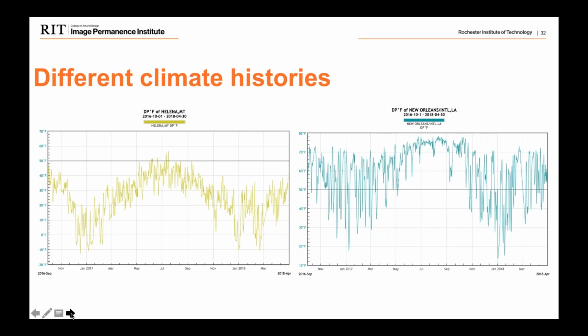In Montana, they may never have experienced that. And so when they go to expand, they could very easily crack to take on that additional moisture. Whereas in Louisiana, they probably have experienced 60% relative humidity, and so any cracking that was going to form from that expansion has already done so.